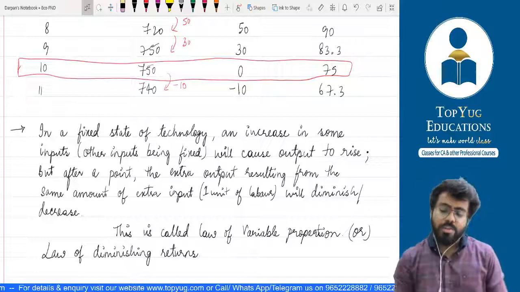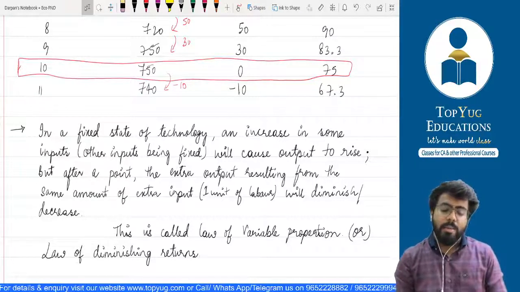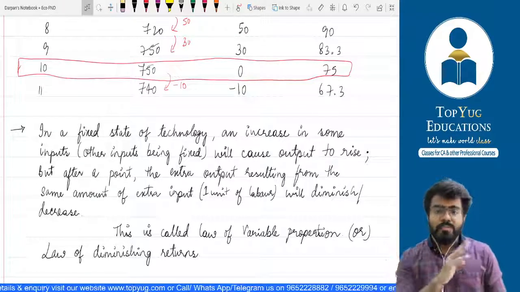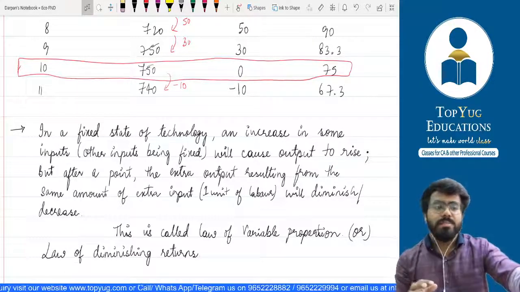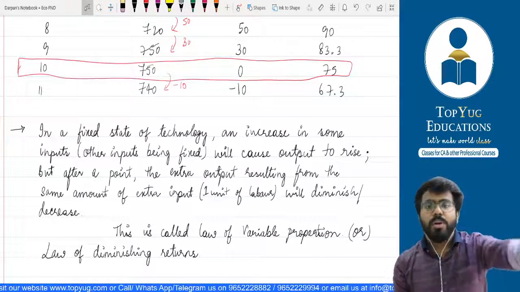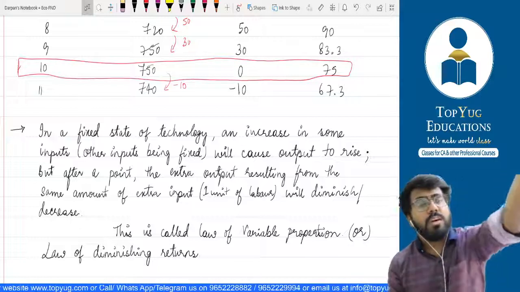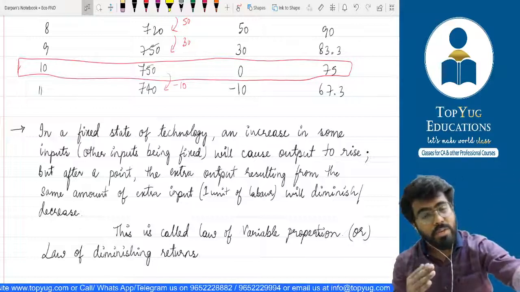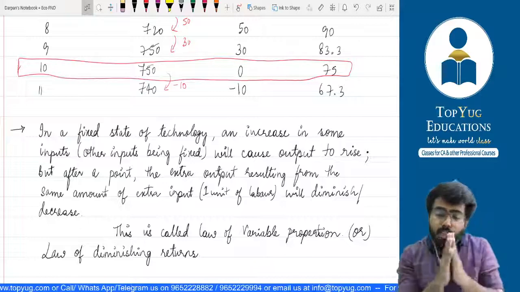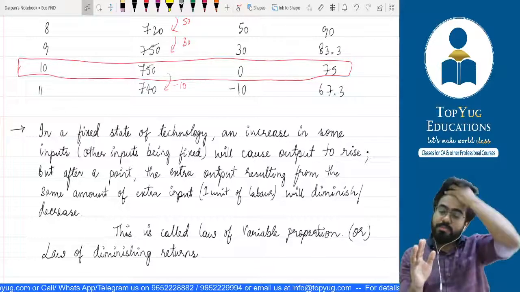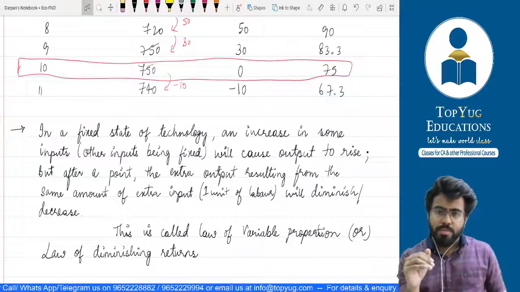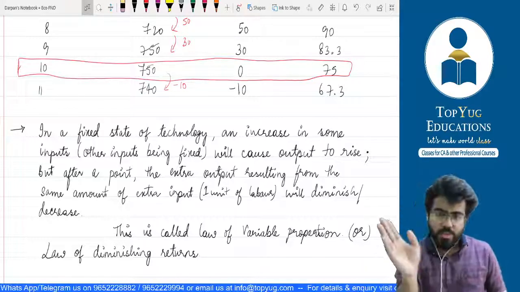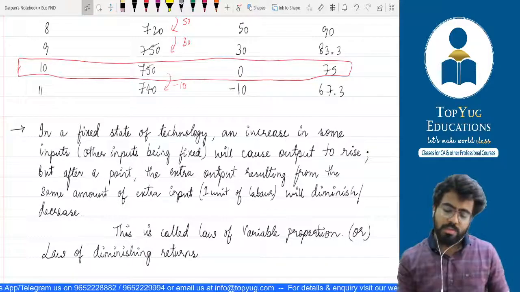So in a fixed state of technology, an increase in some inputs, other inputs being fixed. So there are some variable factors and some fixed factors also. You are just increasing the variable factor, whereas the fixed factors you're not changing, correct? If all the factors are changing, will it be law of variable proportion? No, it will be law of returns to scale, which we'll do afterwards.